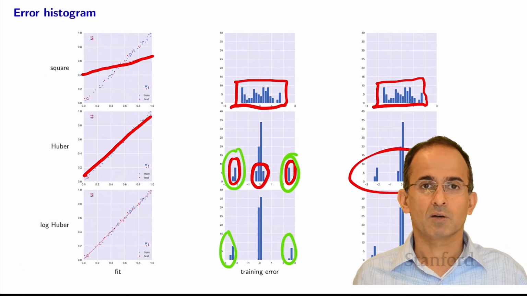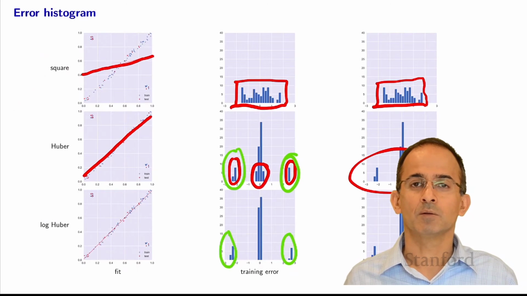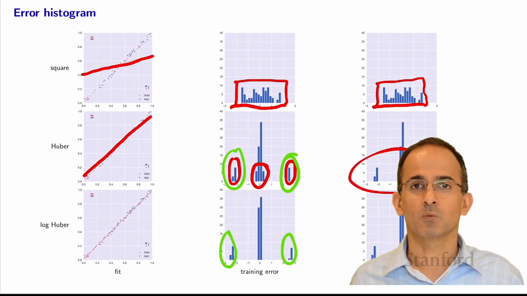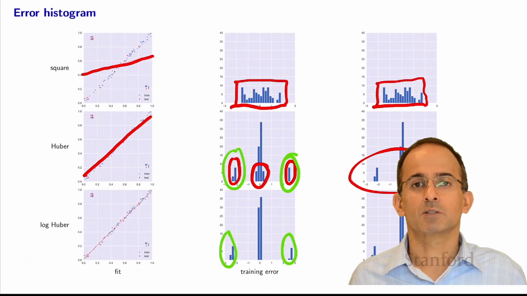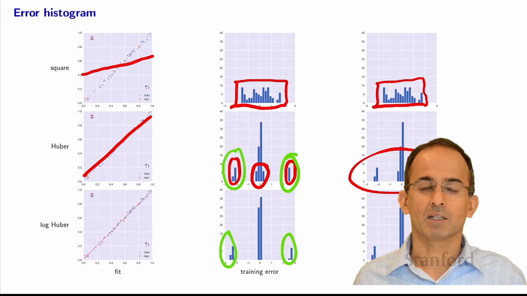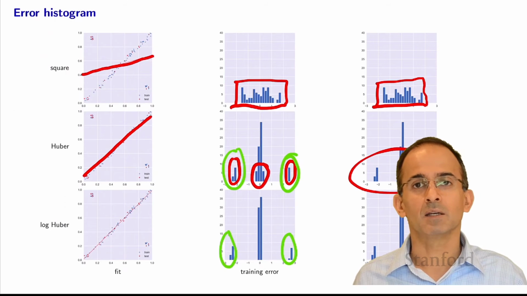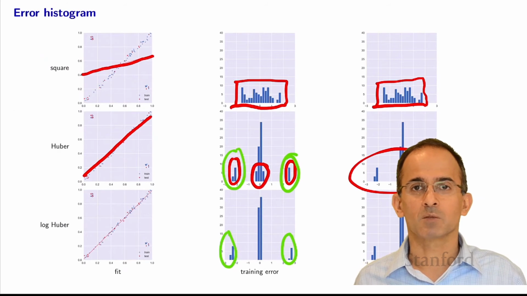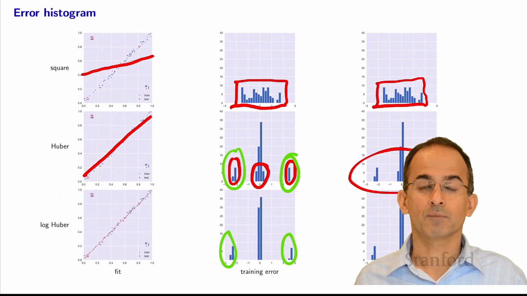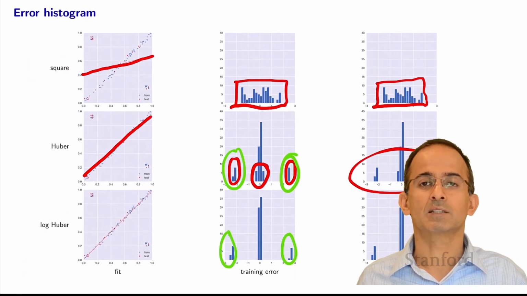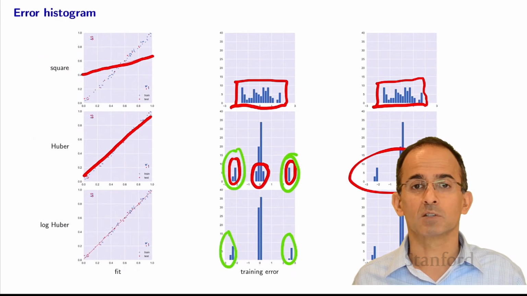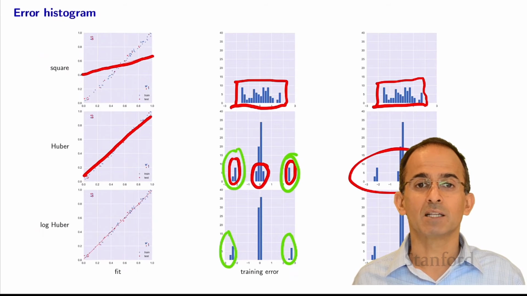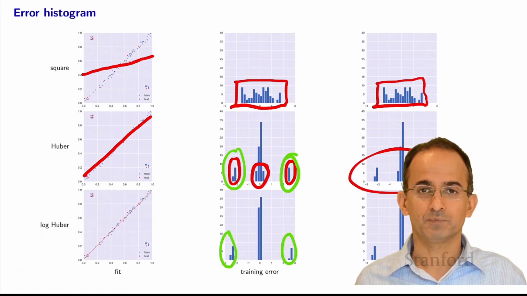And the answer is because here x and y are one-dimensional. If x is in 1,000,000 dimensions and y is in 100 dimensions, well then suddenly we can't make these kind of plots anymore, and we can't see which data points are outliers and which ones are not. Nonetheless, we can still plot the residuals, or at least the norm of the residuals, and the histograms of the norms of the residuals, and be able to identify outliers that way.